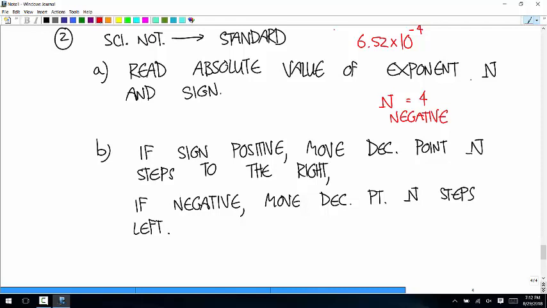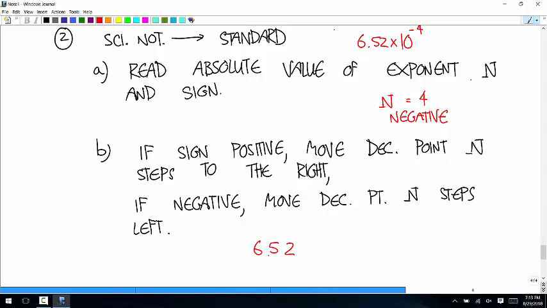Okay, so in this example, we're going to move it 4 steps. Since the exponent was negative, we're going to move it 4 steps to the left. So we have 6.52, I'll write it like this.